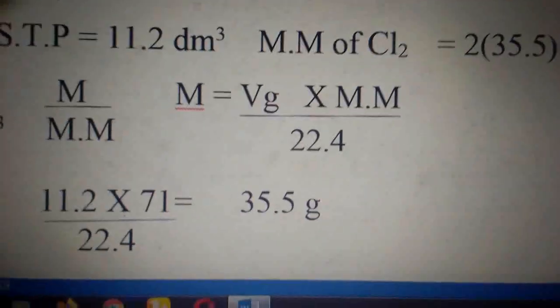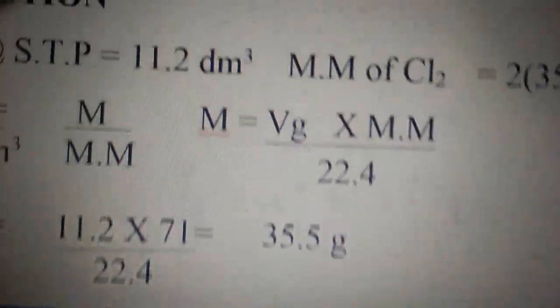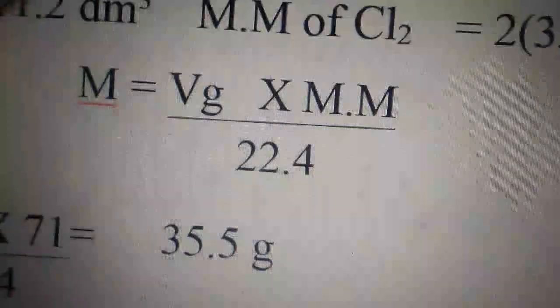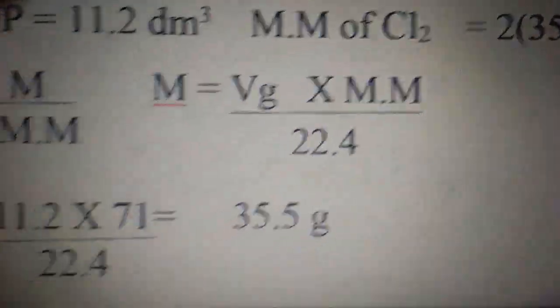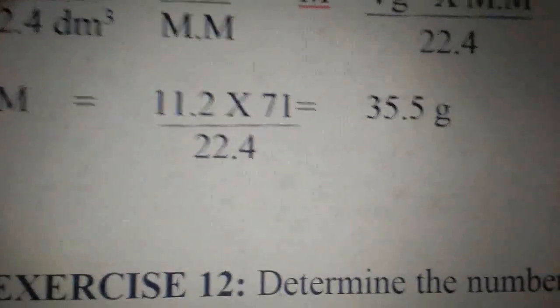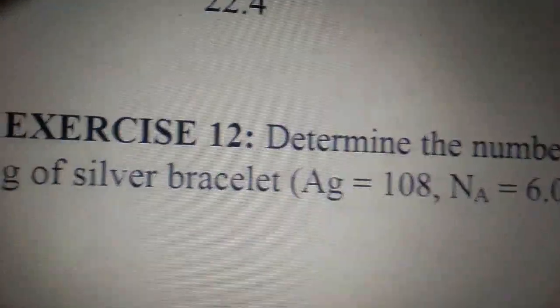So mass becomes Vg times molecular mass over 22.4. Mind you that the volume must be in dm³ for this to be 22.4. If the volume were in cm³, I'll multiply 22.4 by 1000. So substituting, mass becomes 11.2 times 71 all over 22.4. That gives us 35.5 grams.